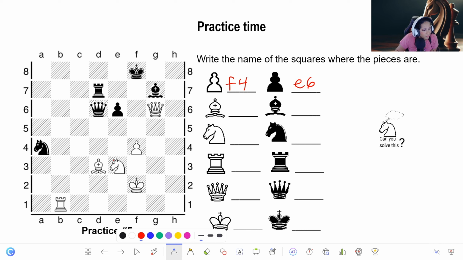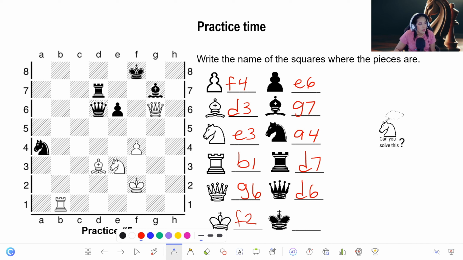Let's look for the bishop, which is on D3. Okay, so that is practice number 5.